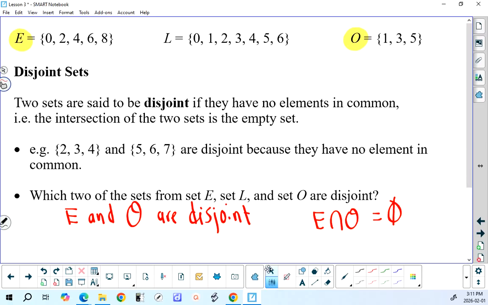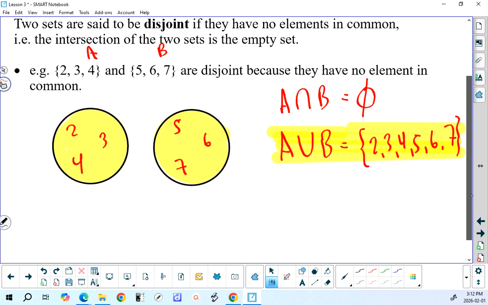I'm going to give everybody a minute to think about why the intersection of O and E must be the empty set. These two things go hand in hand. Any two sets that are disjoint have no intersection because of this.